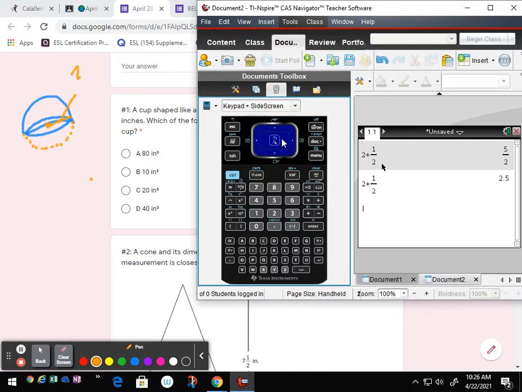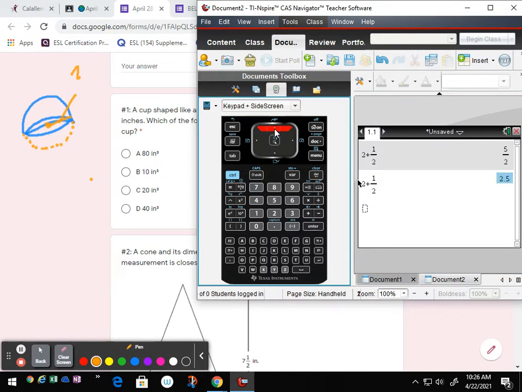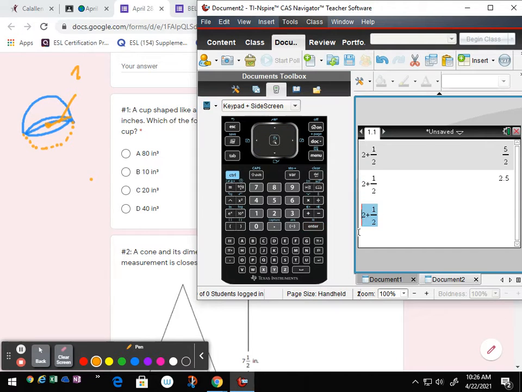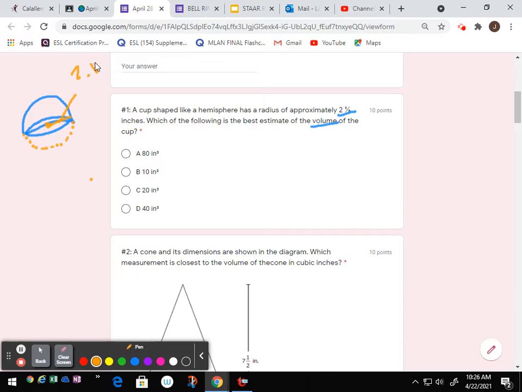So let's go back up and change this 2 to an 8. Let's just type it all back out: 2 plus 1 over 8. Press control enter to get a decimal. We get 2.125 inches.